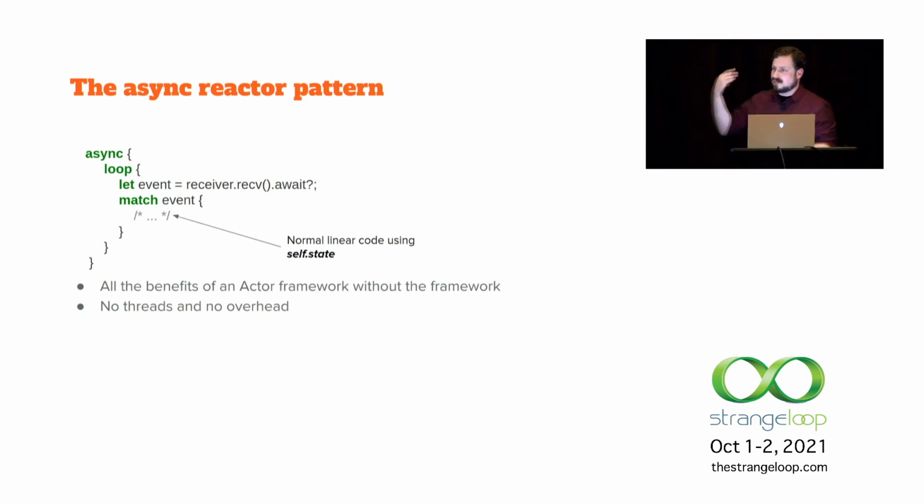This has defined ordering semantics, so you get all the niceties of an actor framework, except there's no queue, so there's no overhead associated with it. There's no state transition or locks or anything else. And because Rust futures are zero cost, this all compiles away into nothing. It's as though you wrote the perfectly optimal, handle-every-possible-state code, except you didn't have to write it that way. So it's a very neat pattern.